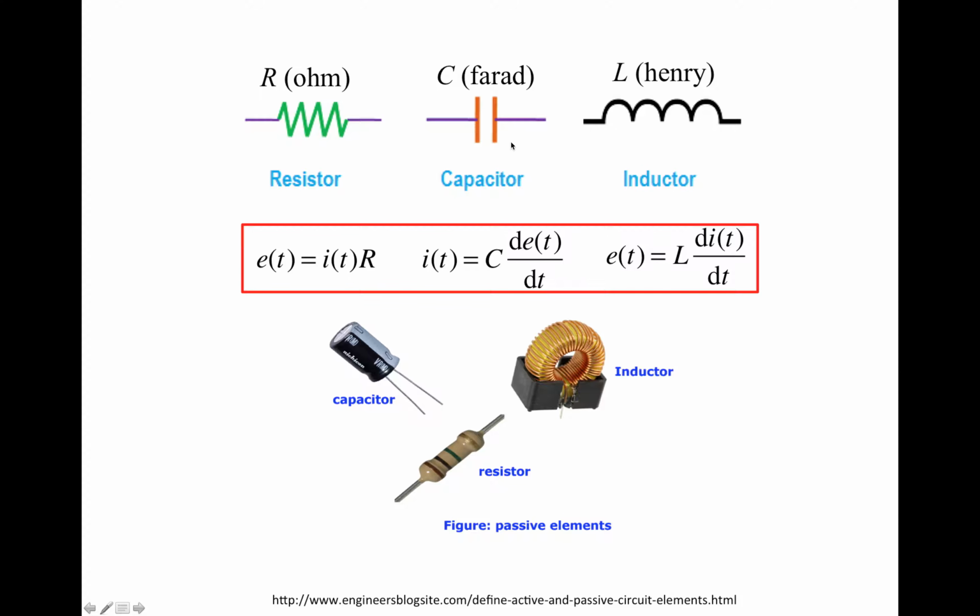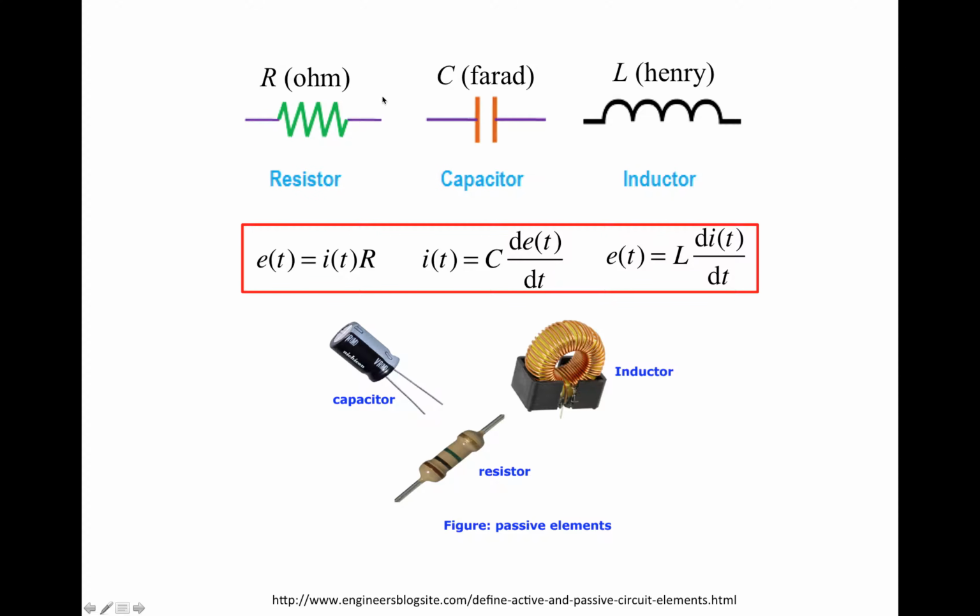The capacitor with a capacitance of C measured in farad. And the inductor with the inductance L measured in Henry. The reason they are all called passive components is because they cannot create power or amplify signals all by themselves. So that's the reason they are called passive.